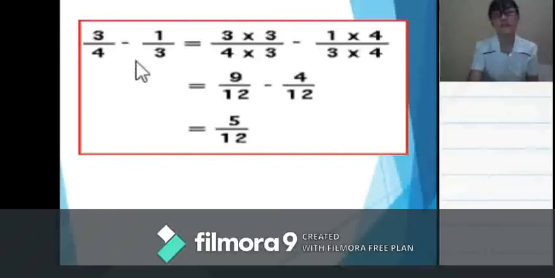What do you think is the LCD of the multiples of 4 and the multiples of 3? If you count by 4 and count by 3, you will arrive at a common denominator, so the answer would be 12. So 4 is multiplied by 3, and 3 is multiplied by 4. So if you multiply both the numerator and denominator of each fraction, let us find the answer.